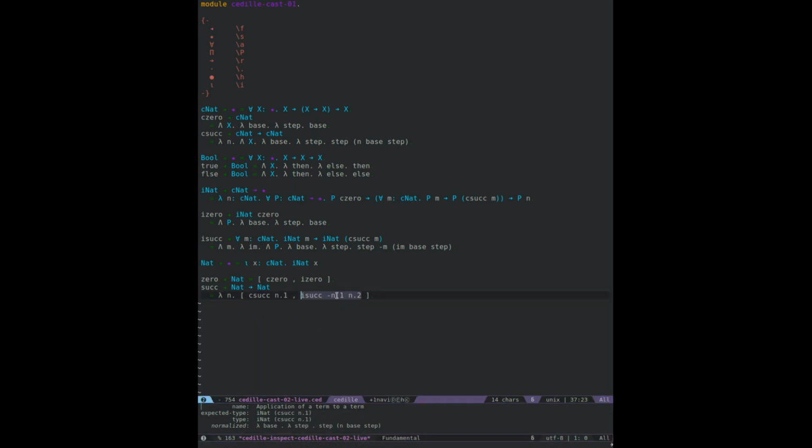Again, noticing that there's this sort of weird self-reference going on, that we know that C successor in point 1 has the same normal form as I successor applied to an erased in point 1 applied to a relevant in point 2. So in the type of this expression, we're sort of referring to itself, but only through the view of this left-hand side, which is a weaker version.